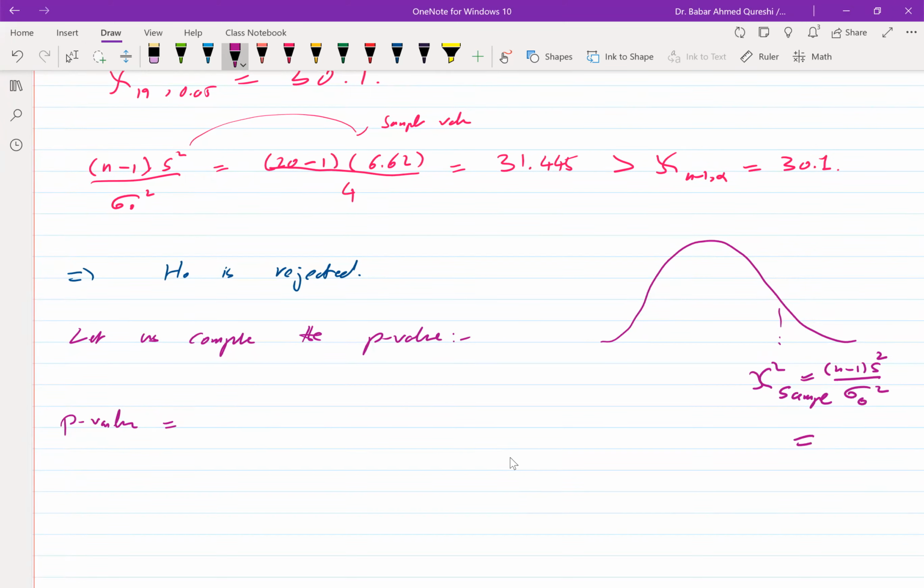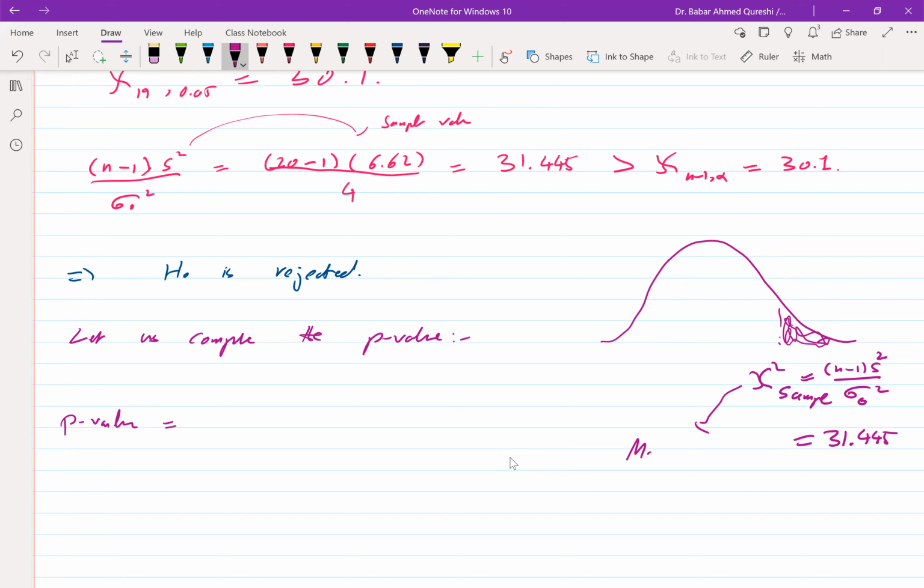And this was 31.445. So as always, you take this value to be your critical value, and then you compute all this probability.